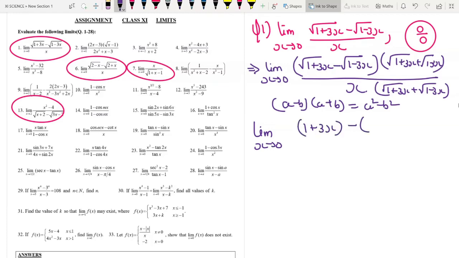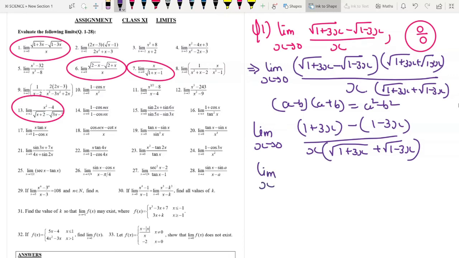Do not forget that minus will change the whole sign. Again in the denominator, I am not going to multiply this x as such. So it is limit x tends to 0. In the numerator we have 6x, because this one and this one is going to be cancelled, and this 3x and minus plus 3x is 6x.